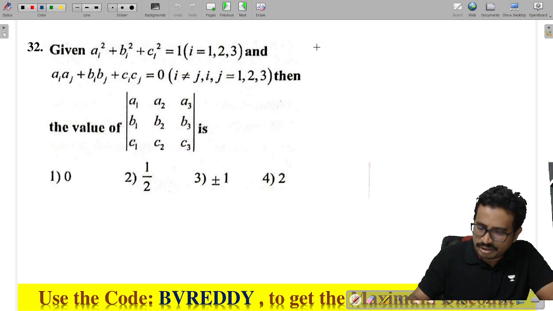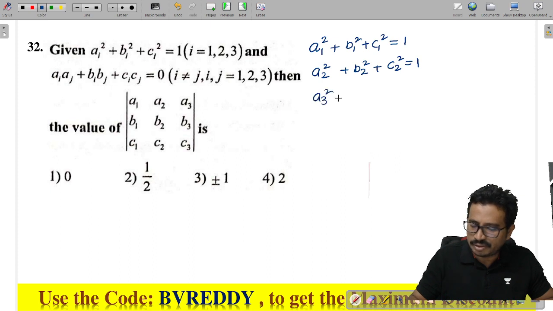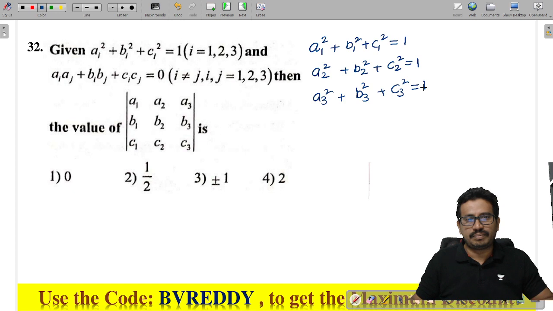The condition ai square, when i is 1, 2, 3, means a1 square plus b1 square plus c1 square is 1. Next, a2 square plus b2 square plus c2 square is 1, and a3 square plus b3 square plus c3 square is 1.